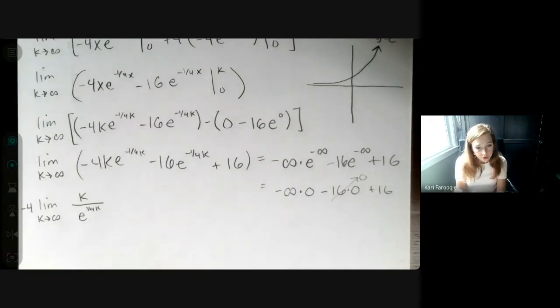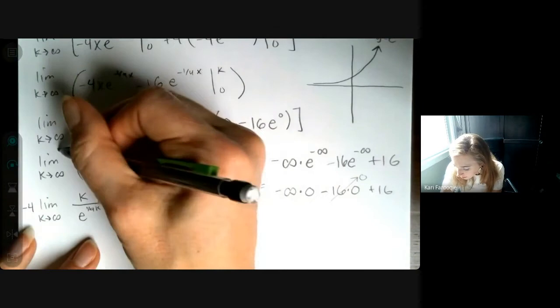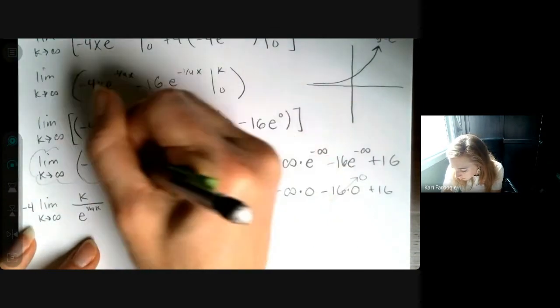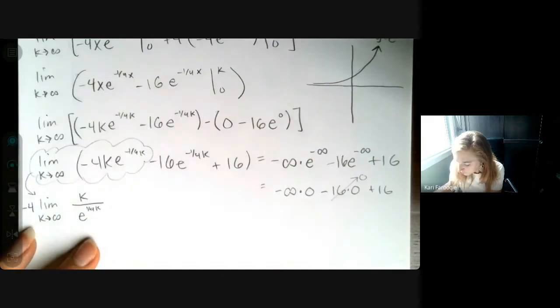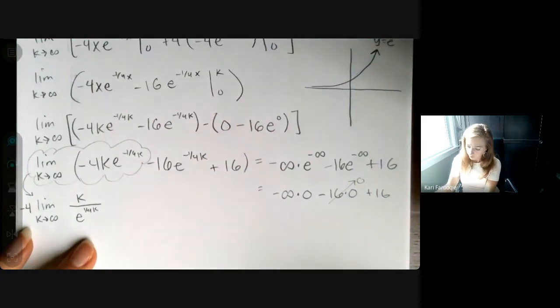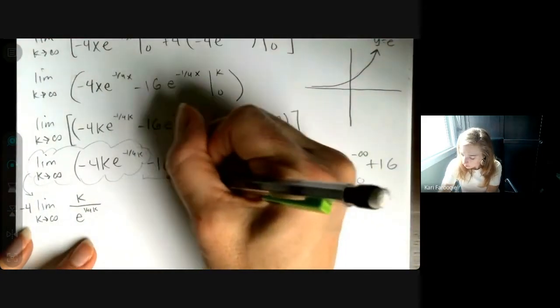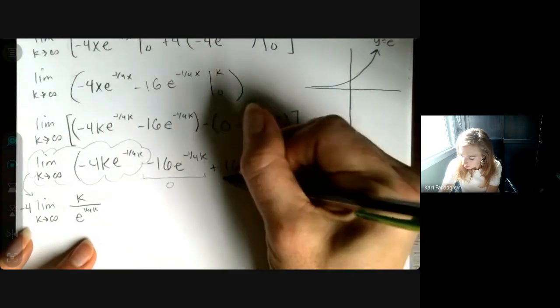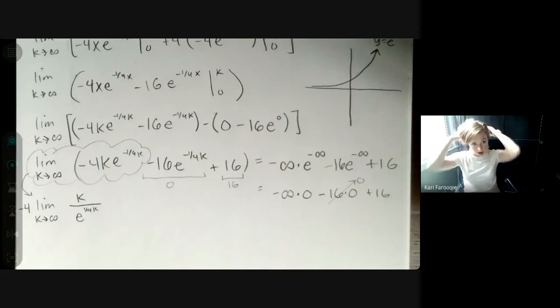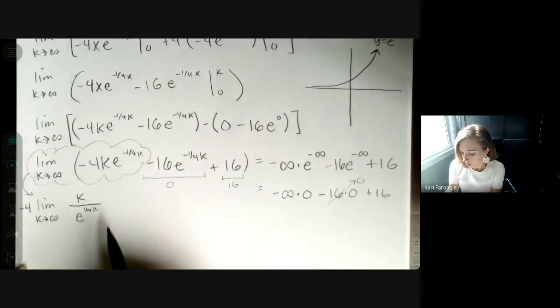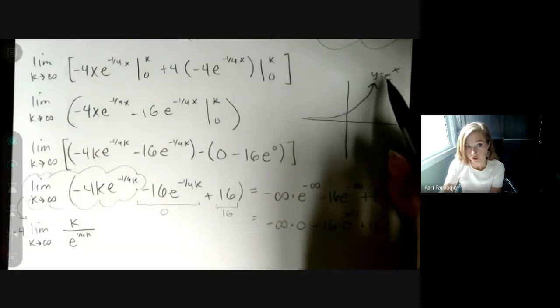Now, if you were to evaluate this limit, by the way, I'm just pulling out this one right here. This one we said was 0. This one was 16. It's this one I'm focusing on. If you were to evaluate the limit right now, you would get infinity over e to the infinity. Well, e to the infinity is infinity.